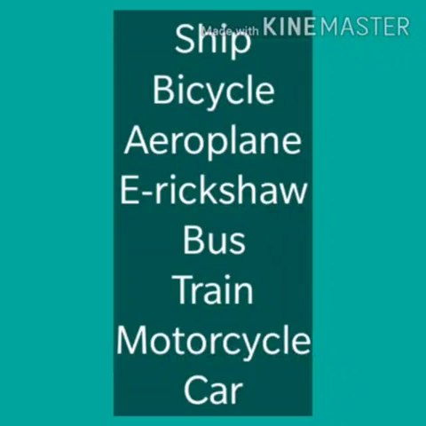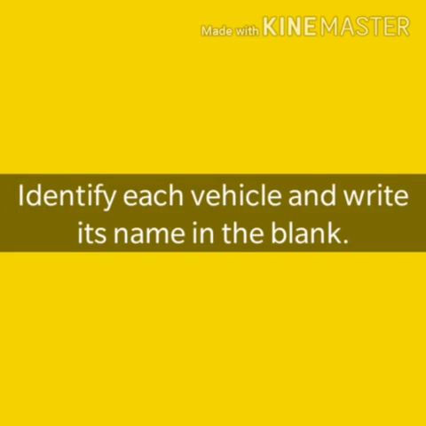So these are the different means of transport, and we have to fill these words into the blanks given below. So the exercise is to identify each vehicle and write its name in the blank.